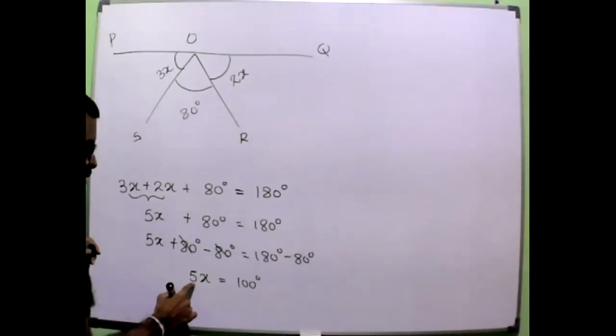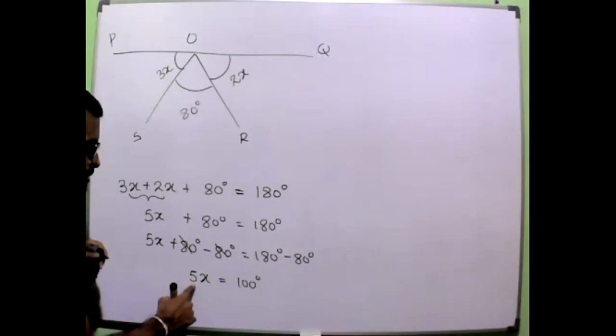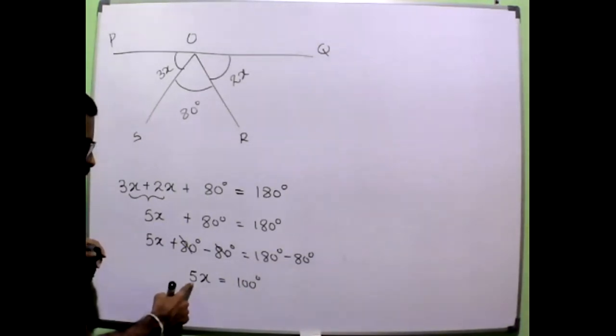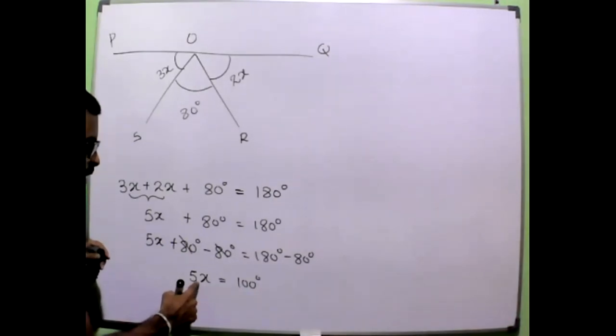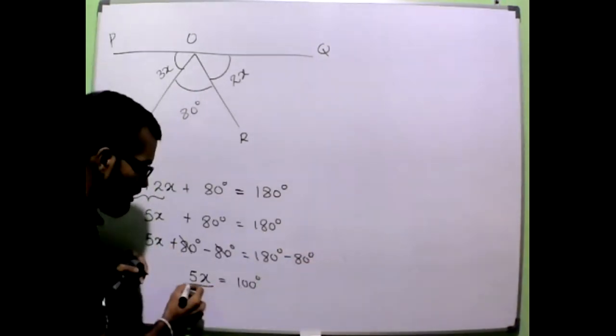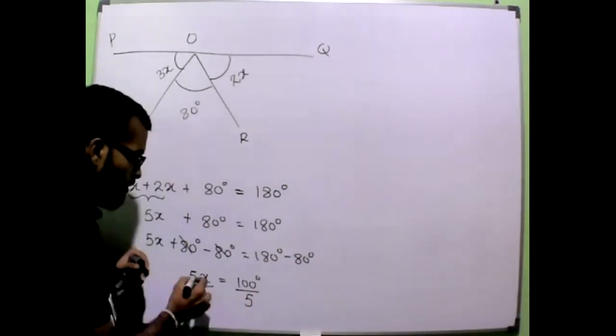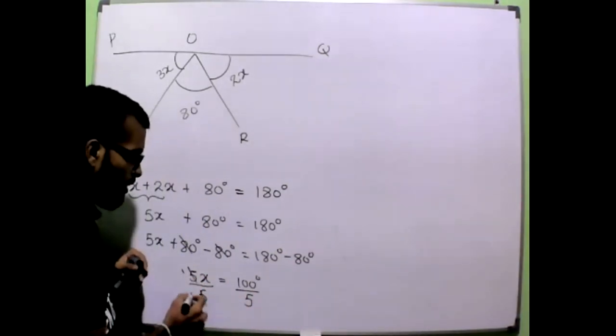Here you have 5 as the coefficient, so you have to remove it. 5 times x means multiplication. So what is the opposite thing? Division. You have to divide both sides by 5. 5 times 1, 5 times 1.